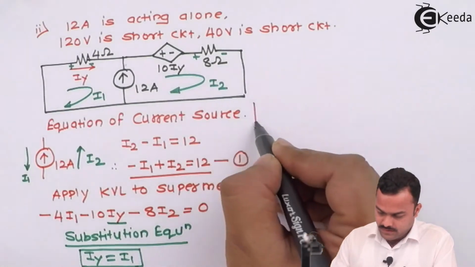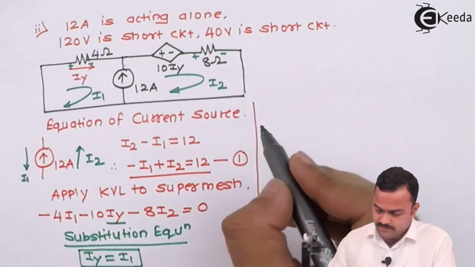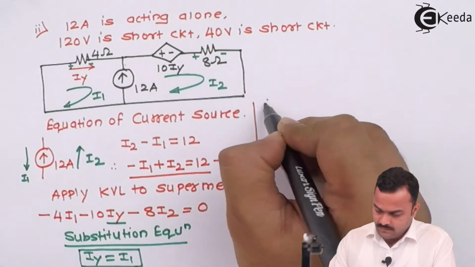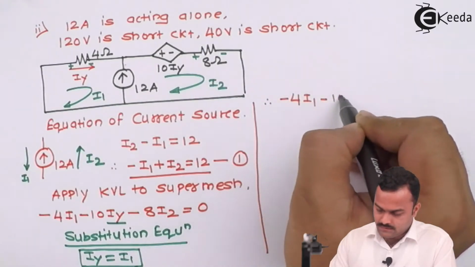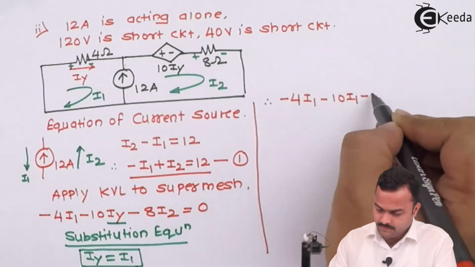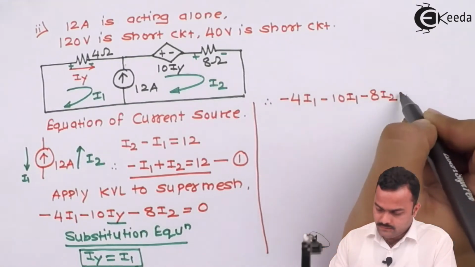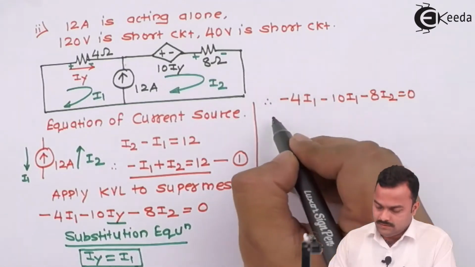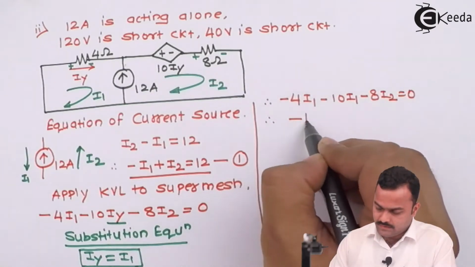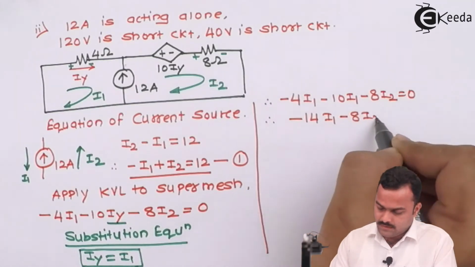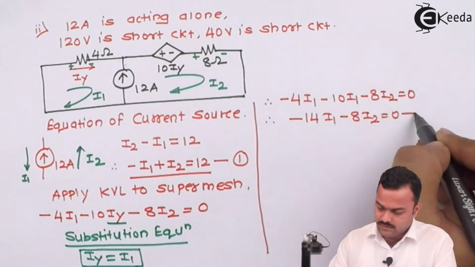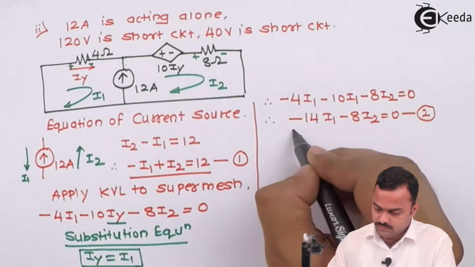If I do that, I will get an equation as minus 4I1 minus 10I1 minus 8I2 equal to 0. Upon simplifying, I will get minus 14I1 minus 8I2 equal to 0, equation number 2.